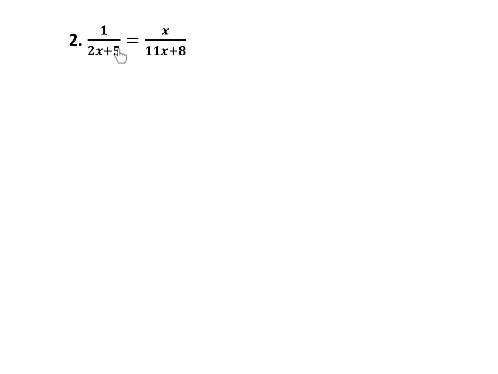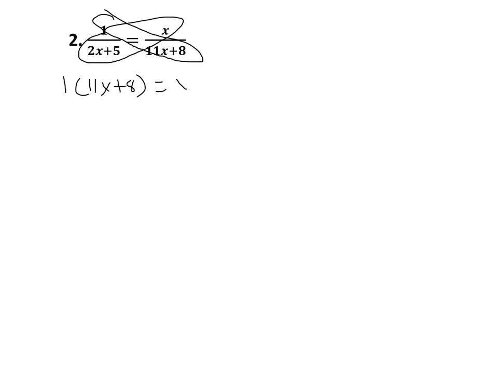1 divided by 2x plus 5 equals x divided by 11x plus 8. Again, cross multiply. 1 times 11x plus 8 equals x times 2x plus 5.